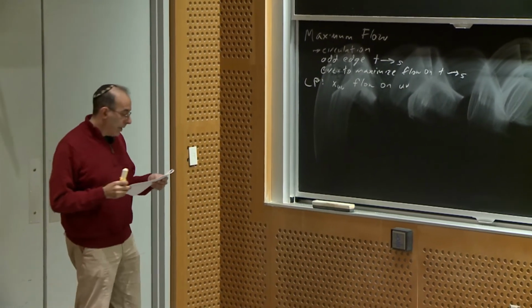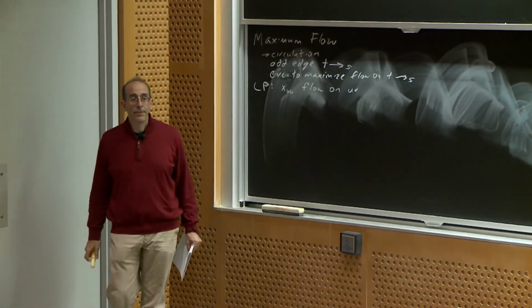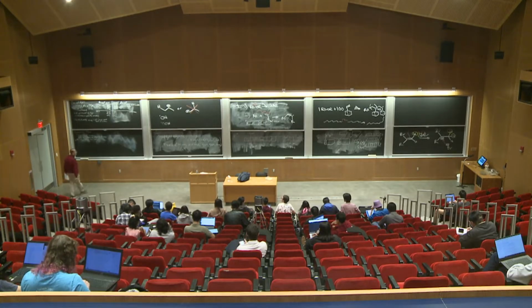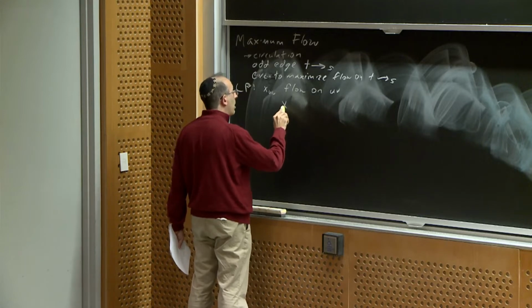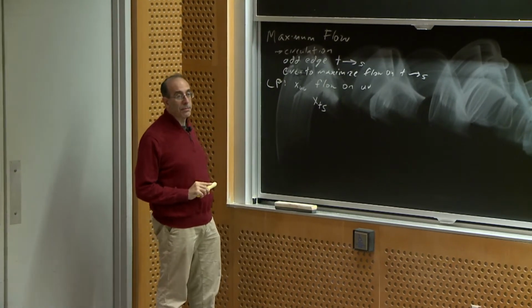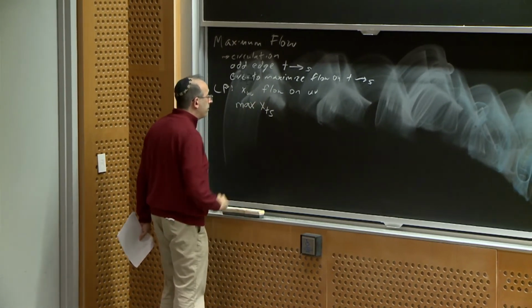Okay, so if that's the case, what is our objective function? Yeah. X_TS. And are we going to solve a maximization problem or a minimization problem? Well, we want to maximize X_TS. Good. So that's our objective.